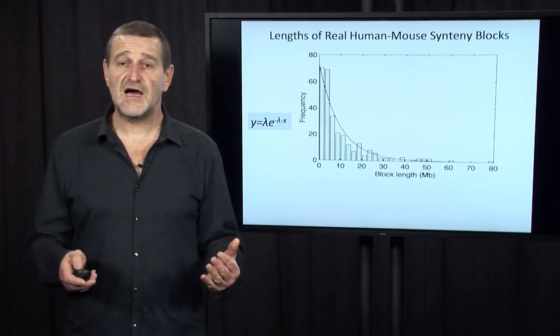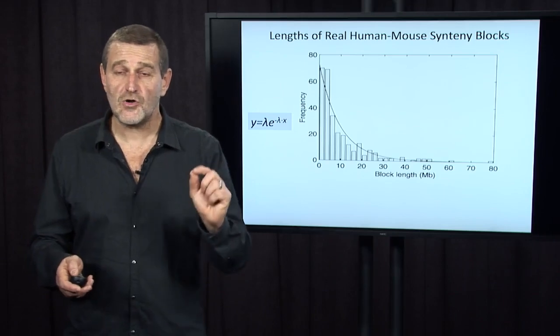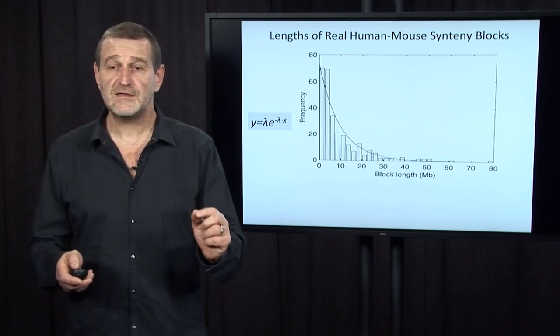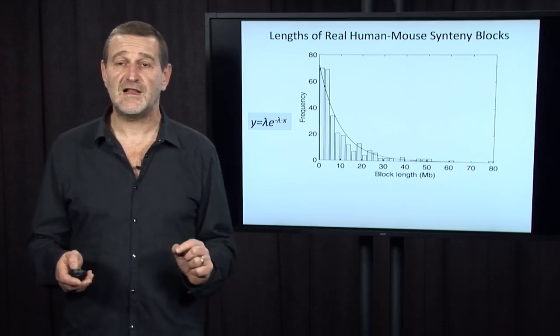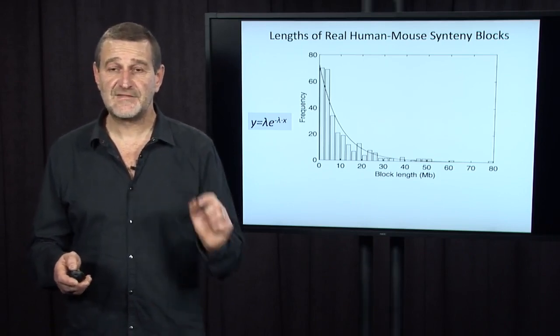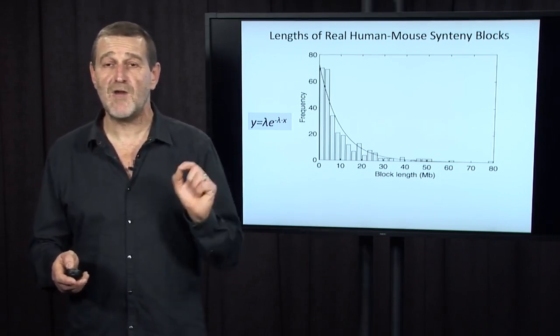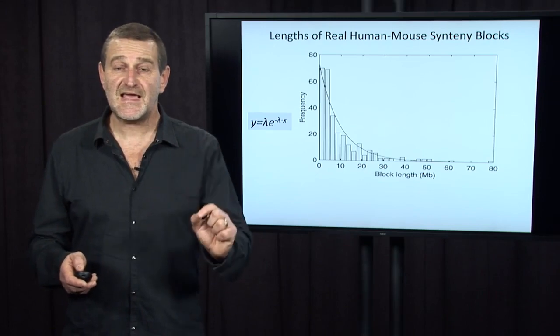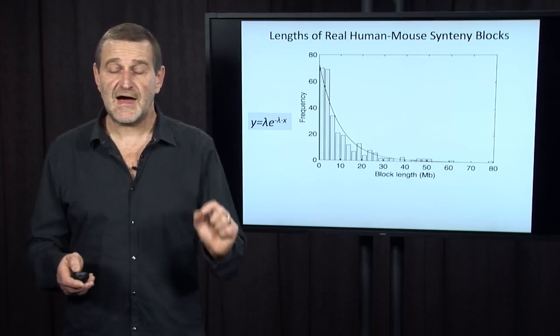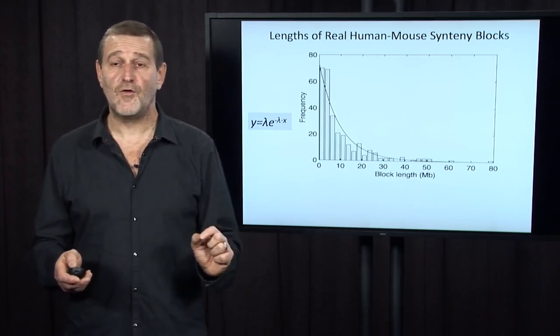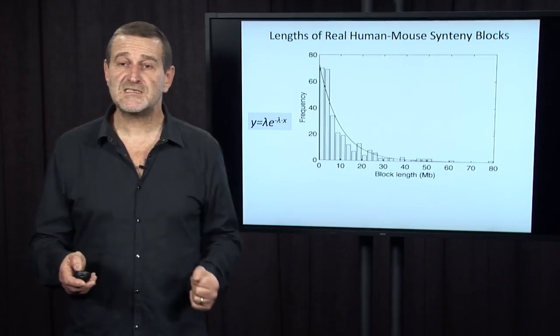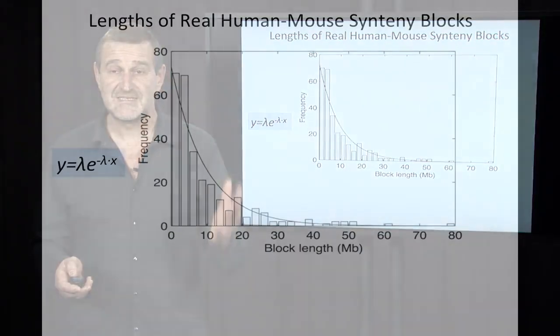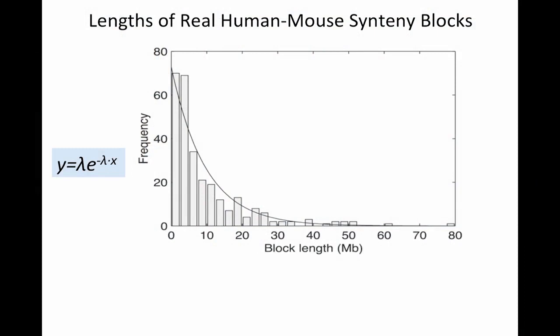But even at this time, the length of known synteny blocks fit the exponential distribution quite well. 10 years after Nadeau and Taylor's work, when the amount of human-mouse data on comparative architecture increased tenfold, people built the same diagram and saw that it fits the exponential distribution even better. So Nadeau and Taylor's prediction had almost prophetic power.